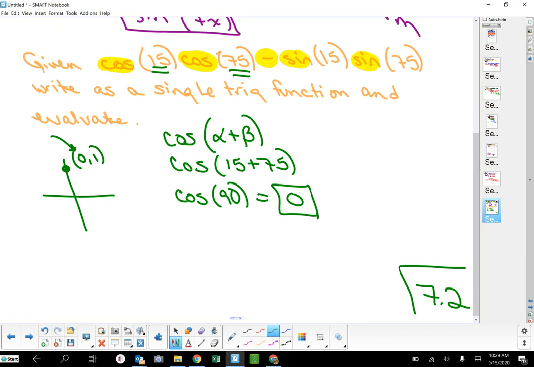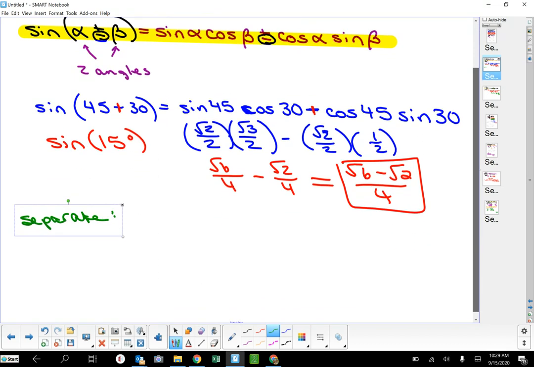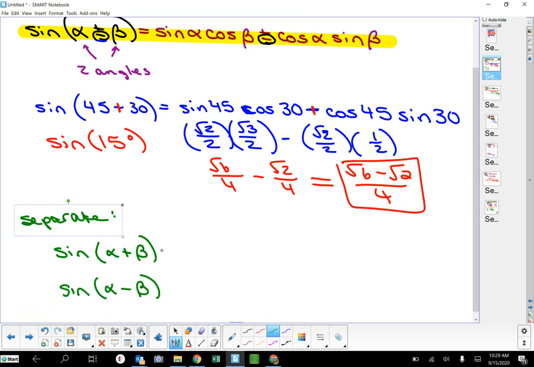Also, if you need to, you could go back, and if it helps you to separate these, you could write these this way. Some of you, I don't know if you'll need to do this, but sine alpha plus beta, sine alpha minus beta. You could write these out separately, right? This is sine of alpha cosine beta plus cosine alpha sine beta.